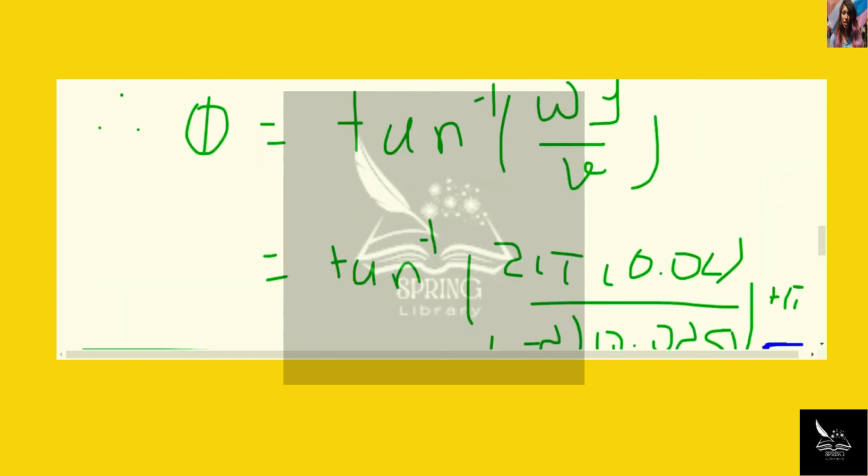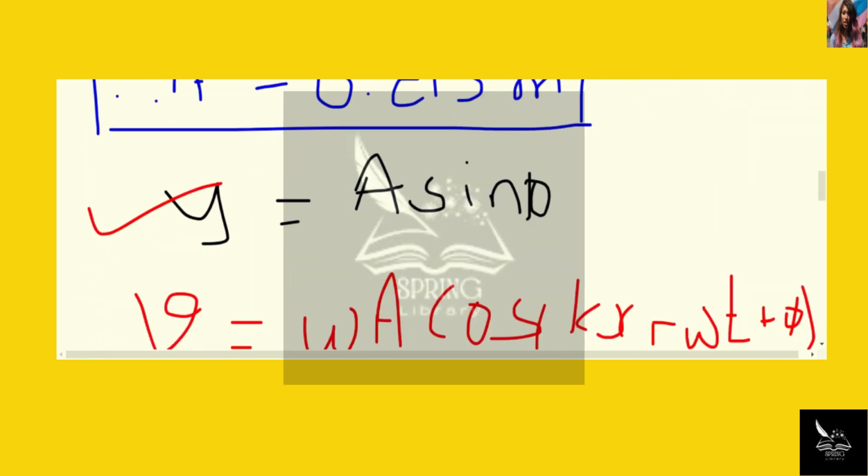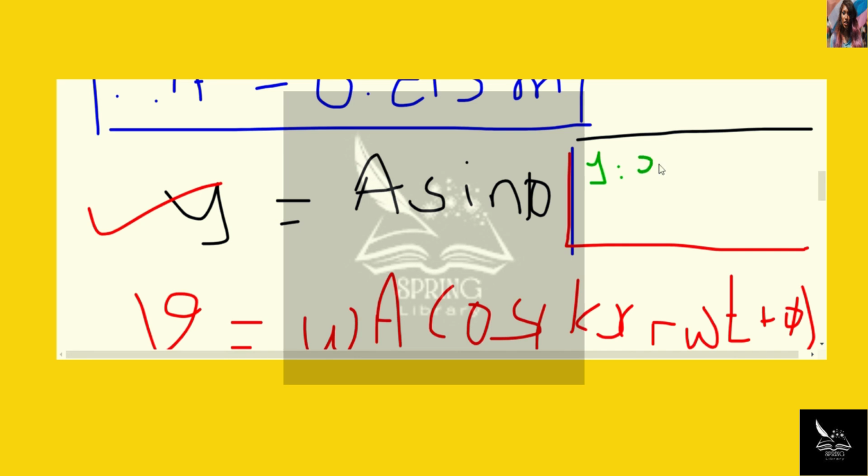My final equation will be equivalent to, let me write it here, that is y will be equivalent to 0.0215 sin(8.38x plus 80 pi t plus 1.95). So this one will be my y equation.